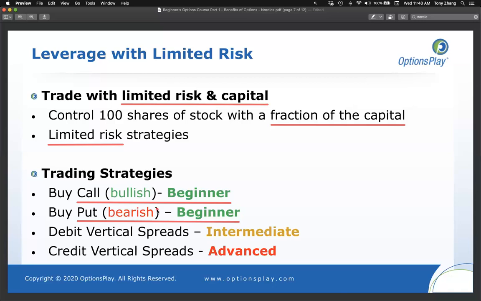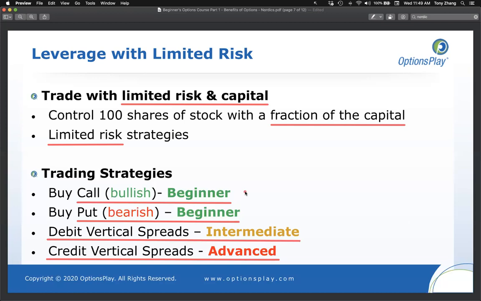Once you learn calls and puts, that's when the fun can really start, by really utilizing the power of options, which is the more complex, more structured payoffs that you can trade using debit vertical spreads, an intermediate strategy that adds onto buying calls and puts, and then a more advanced strategy, credit vertical spreads, which adds onto selling calls and puts.